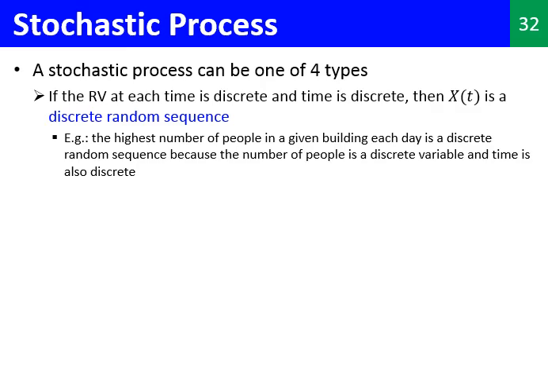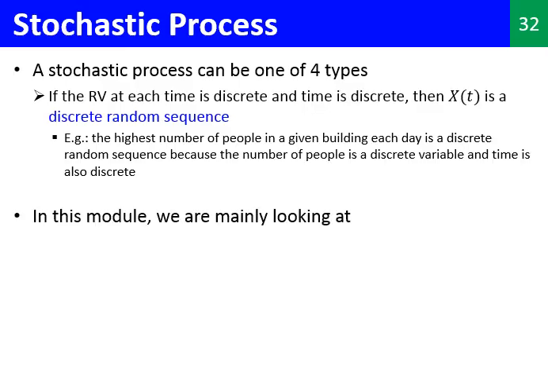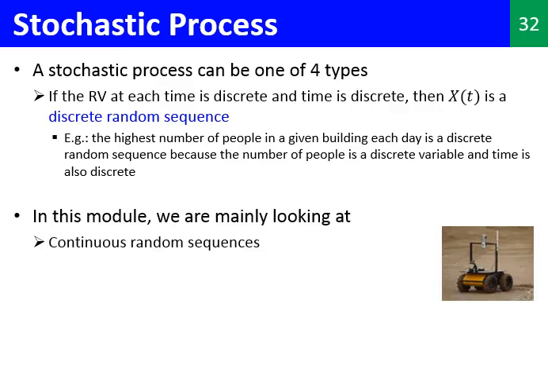So in that, the random variable is discrete as well as the time is discrete. For example, the highest number of people in the building each day is going to be discrete, and we are counting day by day, so that's also discrete. Now in this module, we will be mainly looking at continuous random sequences and discrete random sequences. For example, the localization problem we have been discussing so far is a continuous random sequence.